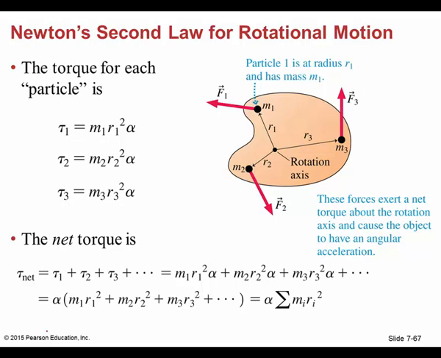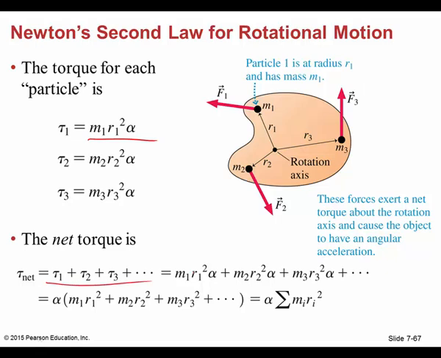So the torque for each particle would be what? Well, we use that previous equation and add up the net torque and look at what we get. The net torque is the same as it was linear speaking.